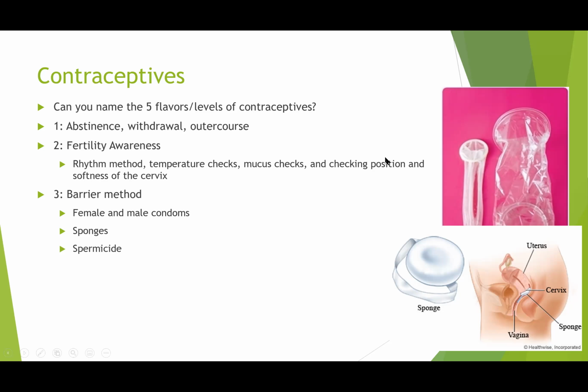Why are female condoms so rare? Well, it's kind of rare because it's easier to not put in well. As you can tell, it's like a really large kind of bag situation, so it's easier to mess up when you're putting it in compared to male condoms.